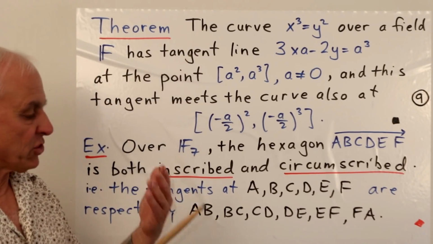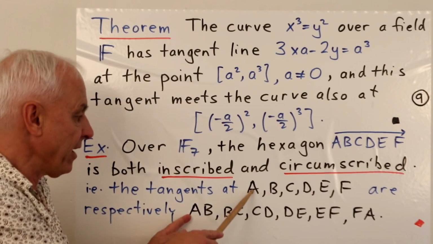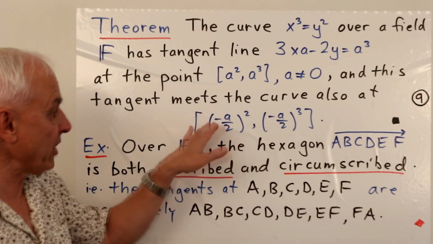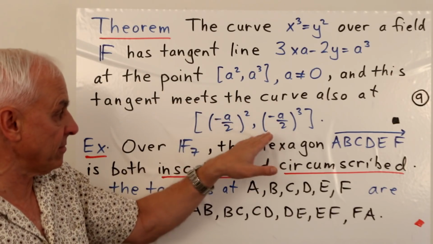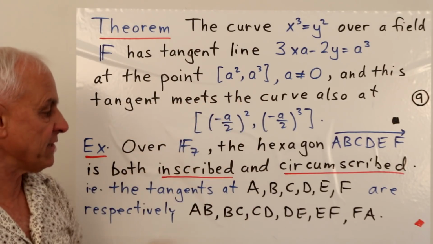So I showed you the picture in one of our earlier slides of the tangent at A, and you saw that the tangent at A also goes through the point B. That's a direct consequence of a computation that you can just do, mod 7, exactly using this formula here.